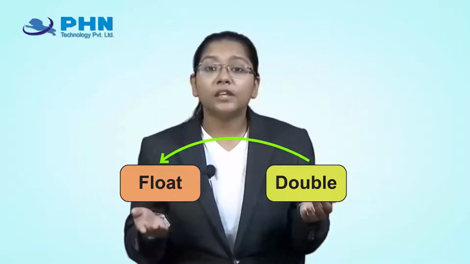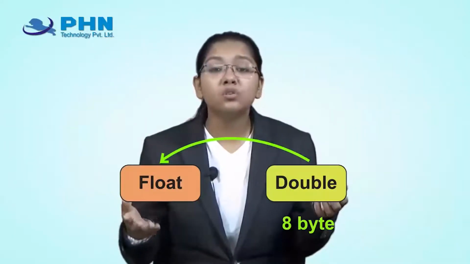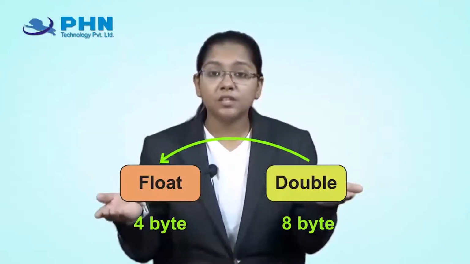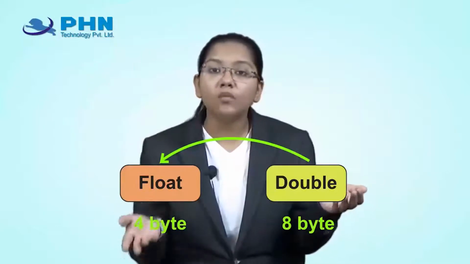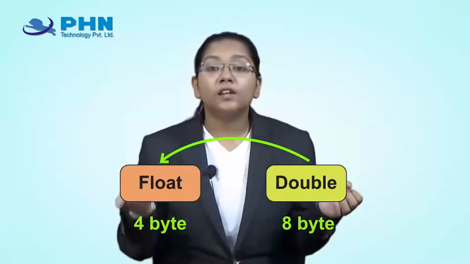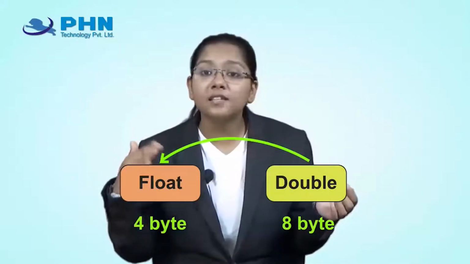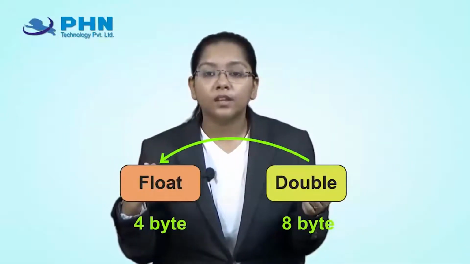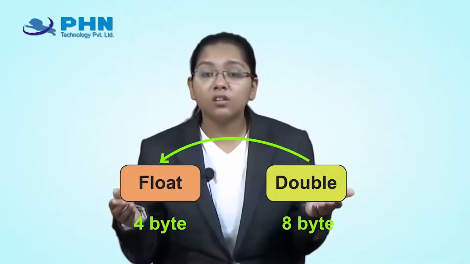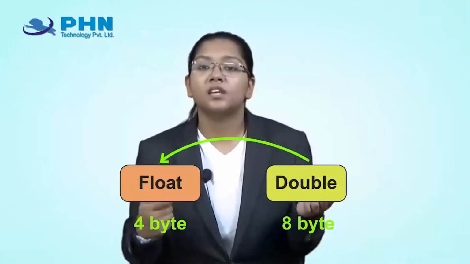No. Because double takes 8 bytes, whereas float stores 4 bytes. If there is a gap of only 4 bytes, how will it store so many numbers? It won't. It will store the value, but it will neglect the extra values and cancel them out, and hence there is a loss of value, a loss of meaning. So this is what explicit typecasting is.